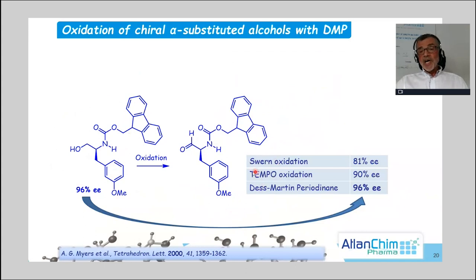The TEMPO-catalyzed oxidation is also a practical and efficient method to produce optically active aldehydes, but in this case does lead to a small degree of racemization, as you can see, between 4 and 6%. Swern oxidation using triethylamine as a base leads to a degree of racemization around 10%.